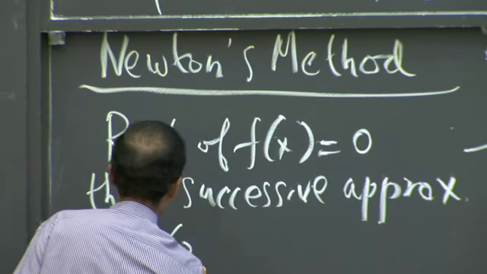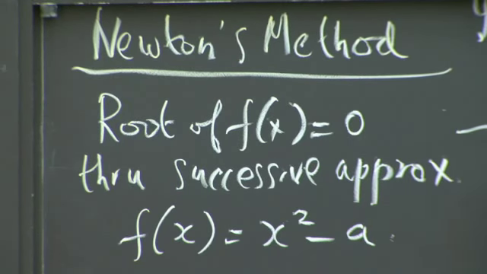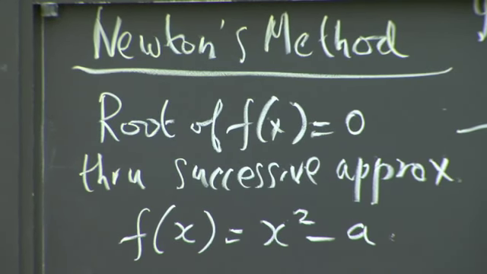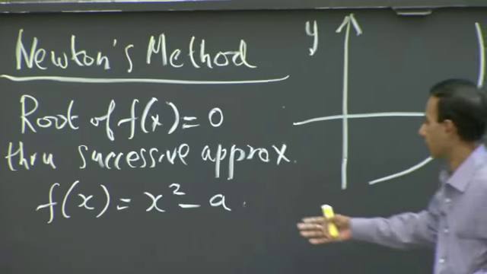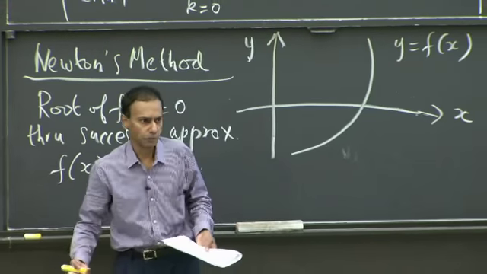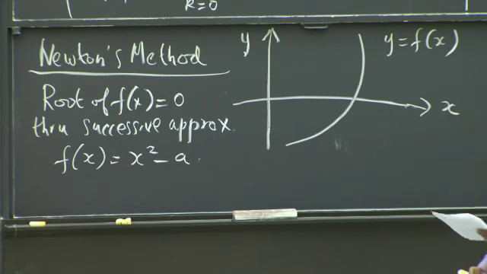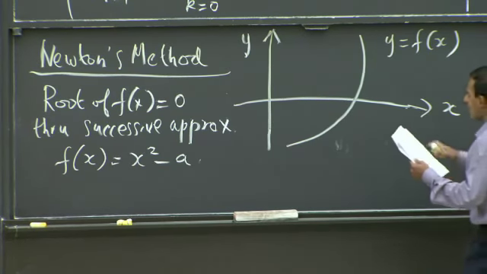For example, we might have f of x equals x squared minus a. And if a is 2, then you're trying to use Newton's method to find the root, and you're going to end up trying to compute square root of 2, or plus minus square root of 2 in this case. But you can go for a particular root, and you'll try and converge to that.